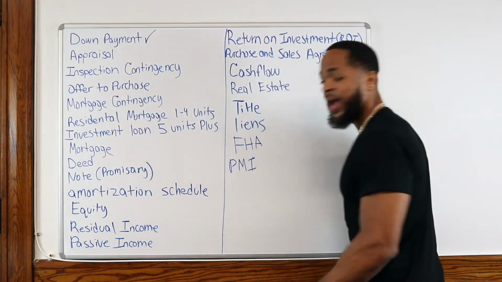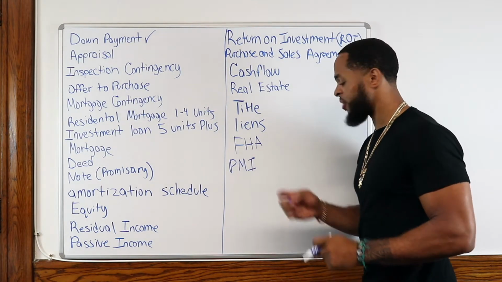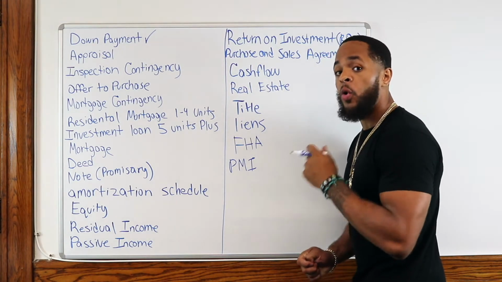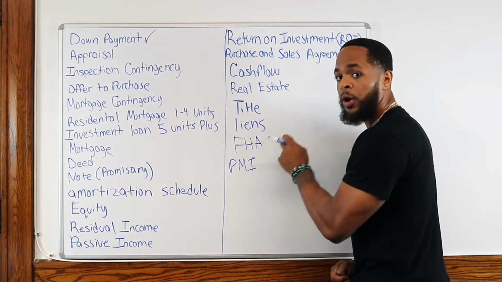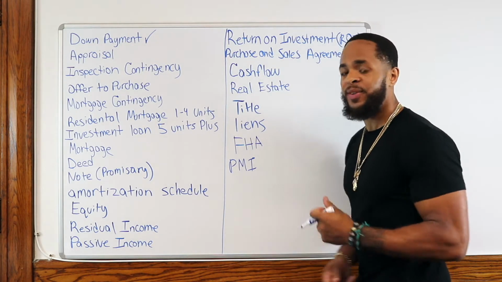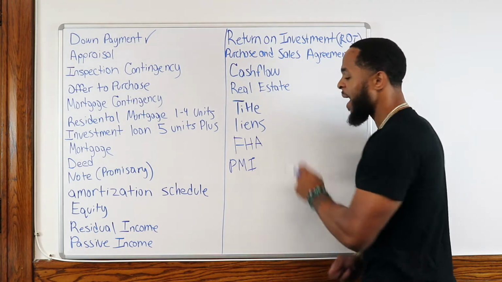Okay? FHA means Federal Housing Administration. It allows first-time home buyers, or a primary residence on a mortgage, to get a low down payment, which is 3.5%. The reason why it's 3.5% is that it's backed by PMI.